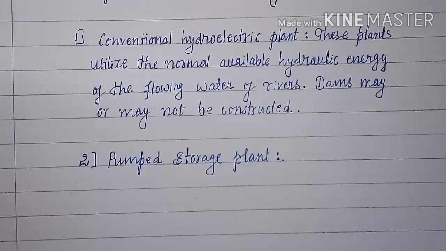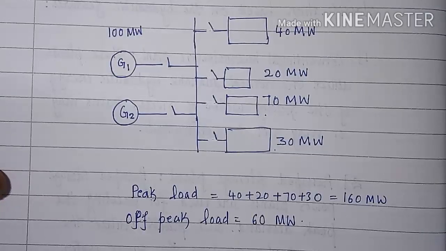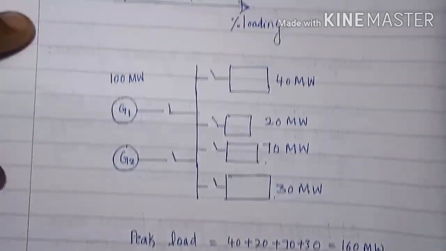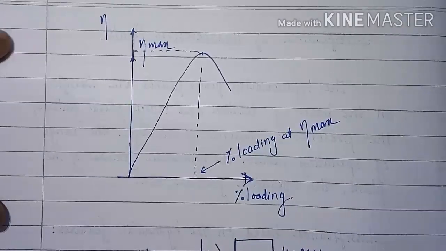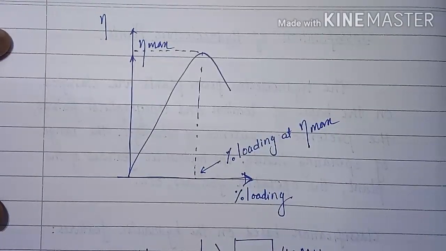Such plants utilize the concept of recycling the same water by pumping the water back during off-peak hours. To understand the concept of peak load hours and off-peak load hours, let us see the efficiency versus percentage loading graph.